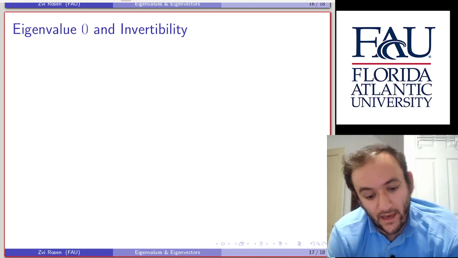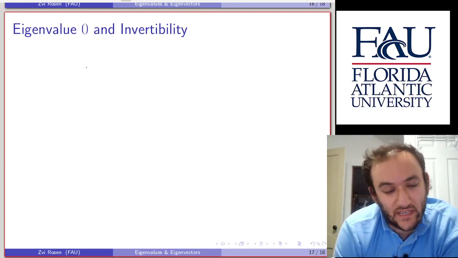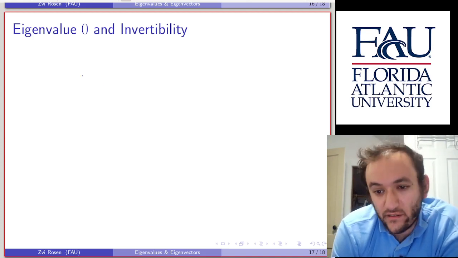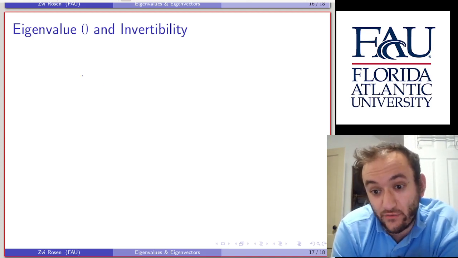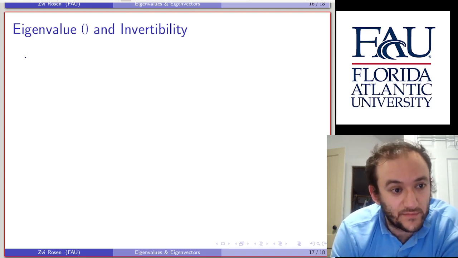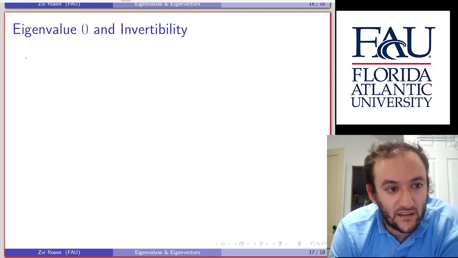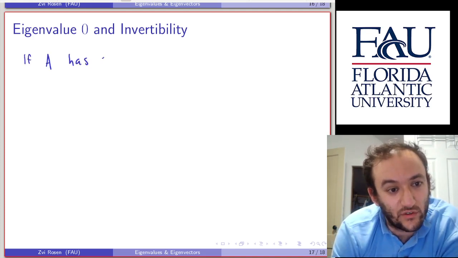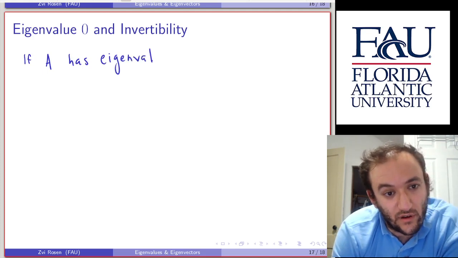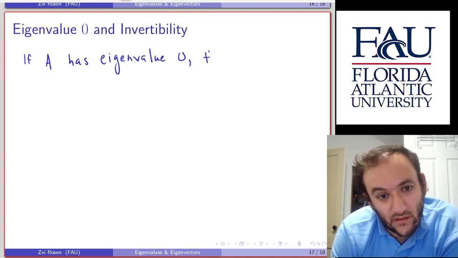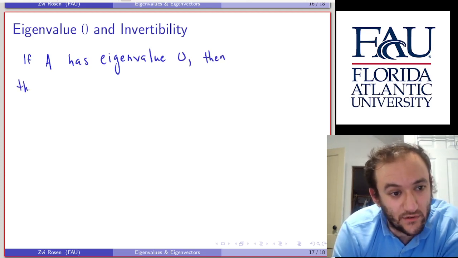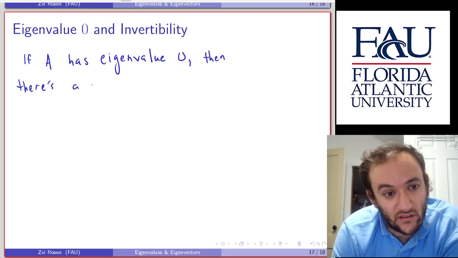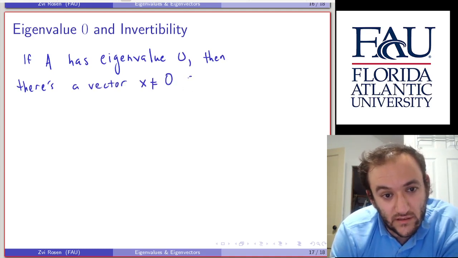Okay, so now that we've seen a bunch of eigenvalues and eigenspaces, we can consider what the significance of having an eigenvalue 0 means. So we know that if A has eigenvalue 0, then there's a vector x not equal to 0 such that Ax equals 0.